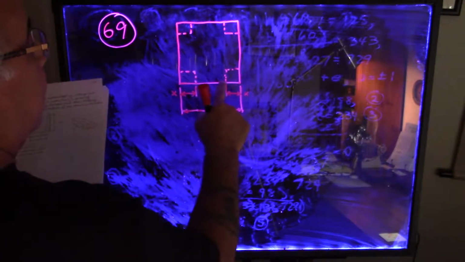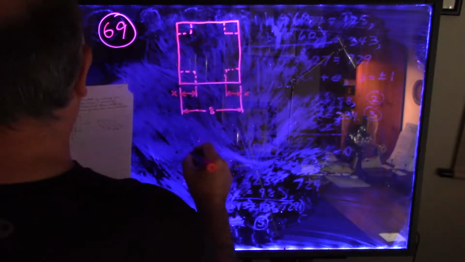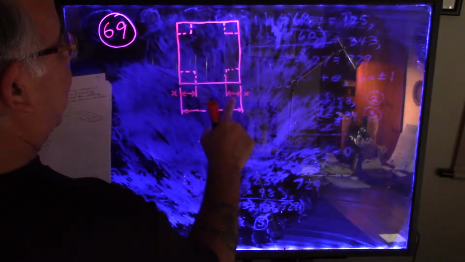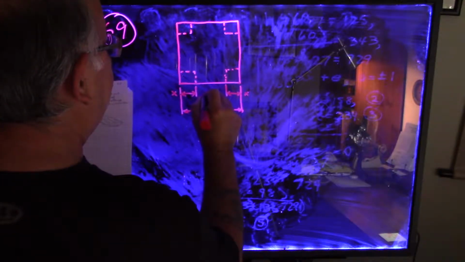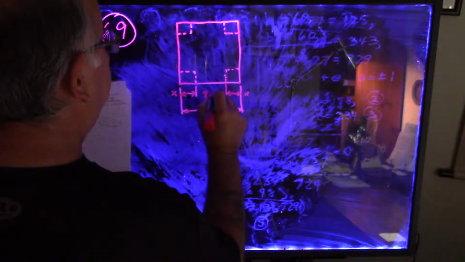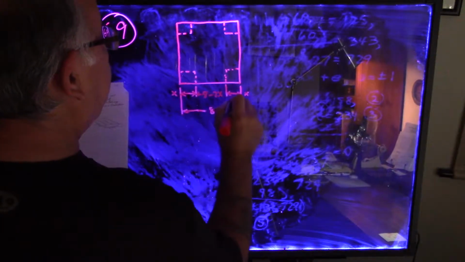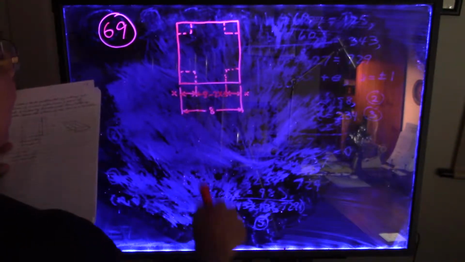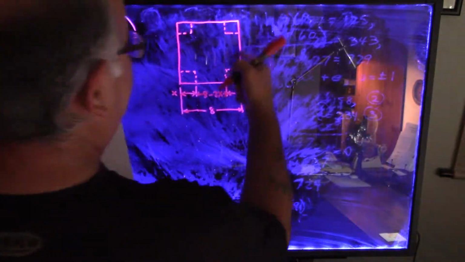Okay, so you're cutting out x by x corners. Alright, so what do you have left? You have 8 minus an x and another x, 8 minus 2x. So that's what you have left here, 8 minus 2x. Okay, same thing on this side.